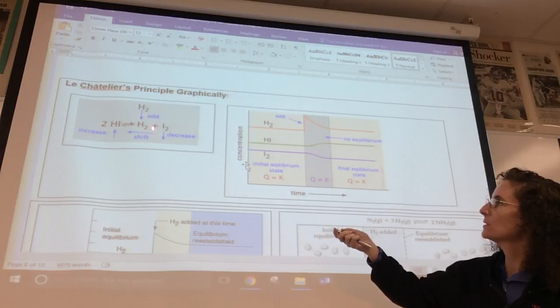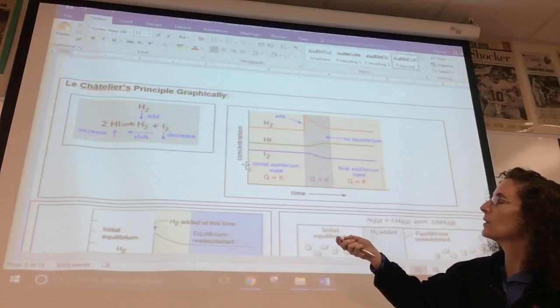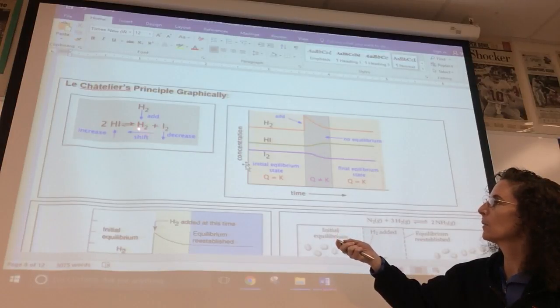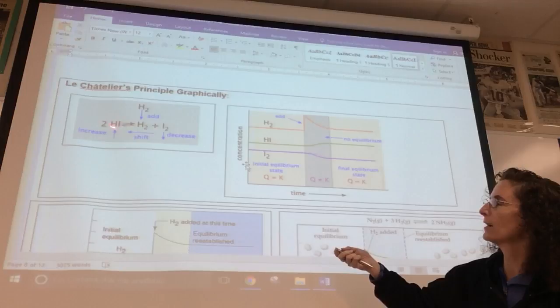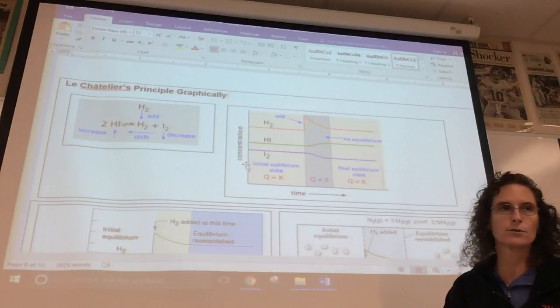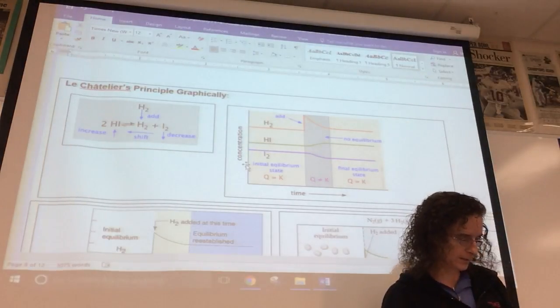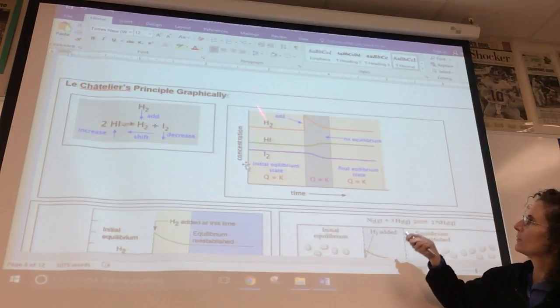And now what happens to the amounts of hydrogen gas and iodine? They will decrease. Keep in mind, hydrogen initially increased, so the decrease isn't as much as the increase. And when you shift in the reverse direction, what happens to the amount of hydrogen iodide? It increases. So that's shown graphically here.